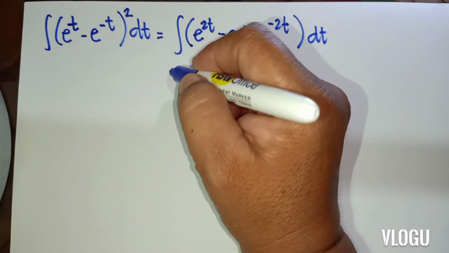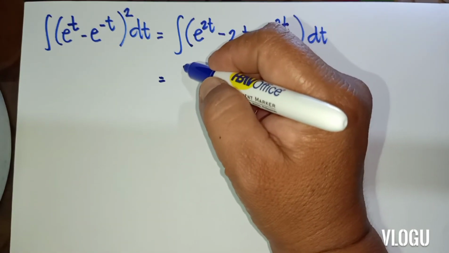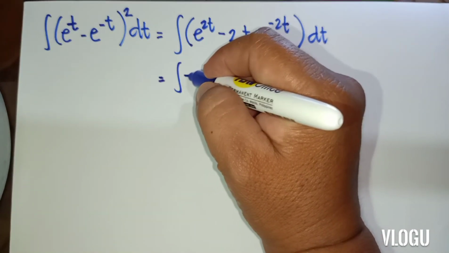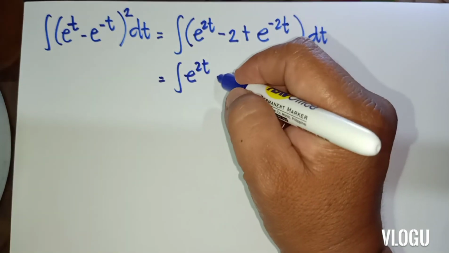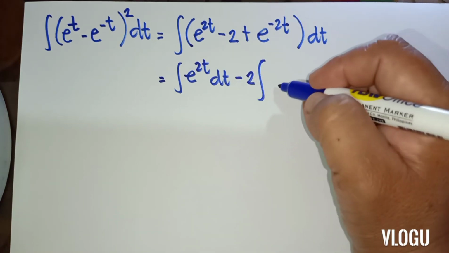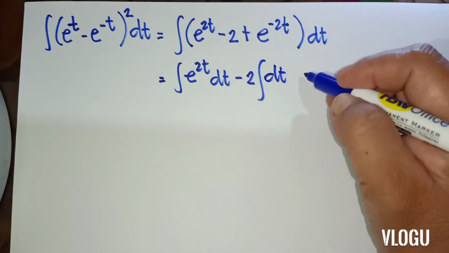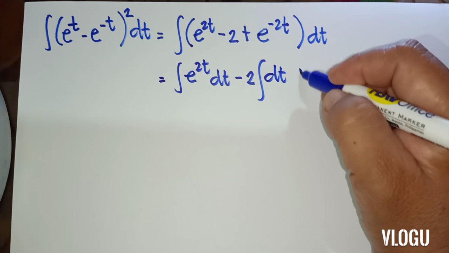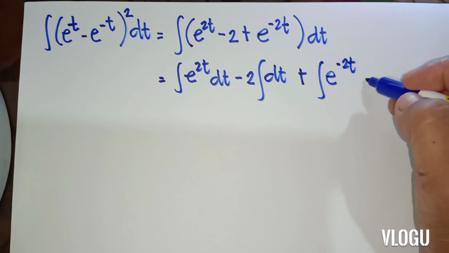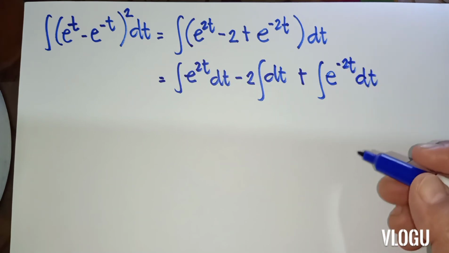So therefore, you will have the integral of e to the 2t dt minus the integral of 2 dt plus the integral of e to the negative 2t dt.